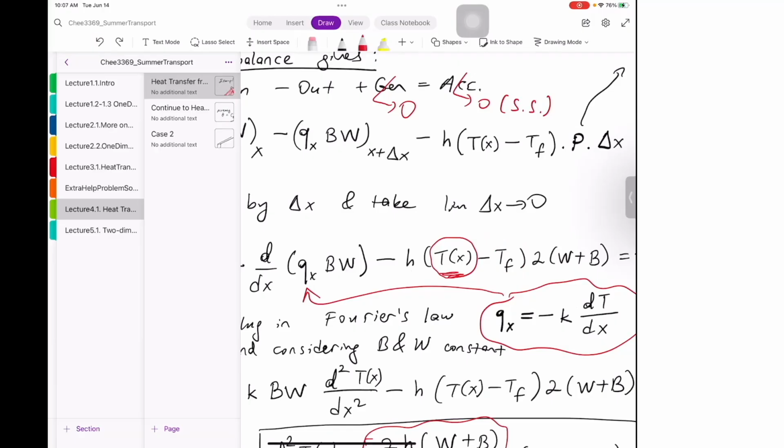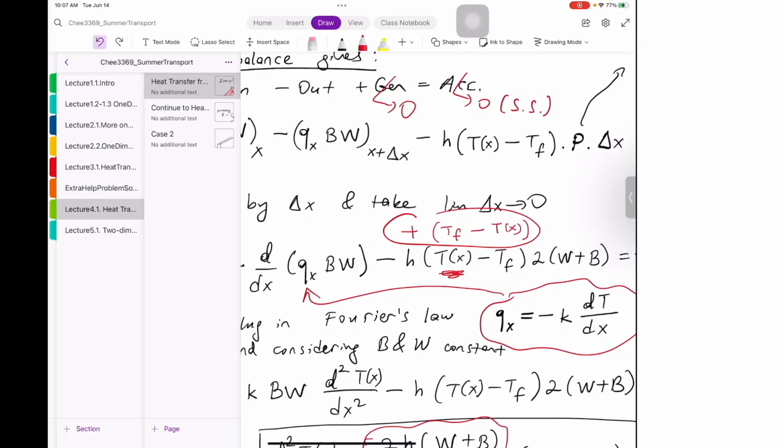But if Tx is smaller, then let me write it as Tf minus Tx, so that this becomes positive, but it would be an input to the system. This thing and this thing are exactly the same thing, because you can change the order of Tf and Tx and make this minus instead of plus. Does that make sense?